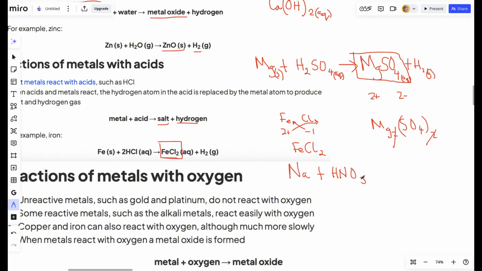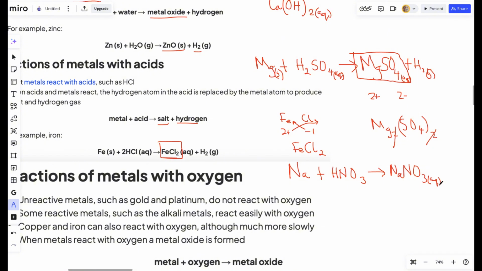When a metal reacts with nitric acid, you form sodium nitrate, which is a salt, and hydrogen gas is produced. So in a nutshell, sodium nitrate plus hydrogen gas. This one is aqueous because it's a salt. You write the state symbol for each of them.